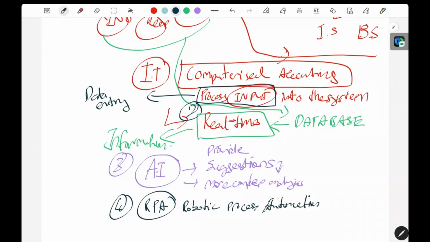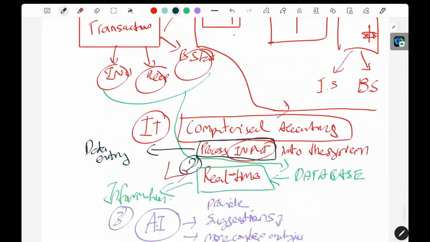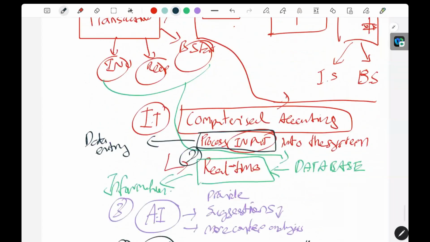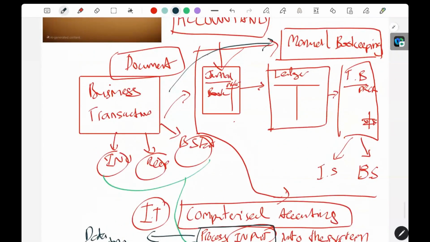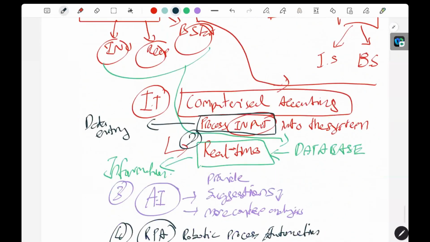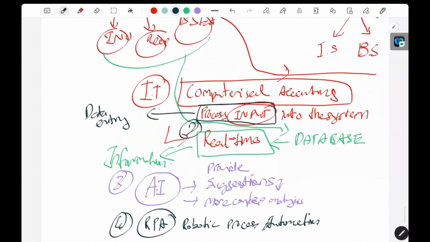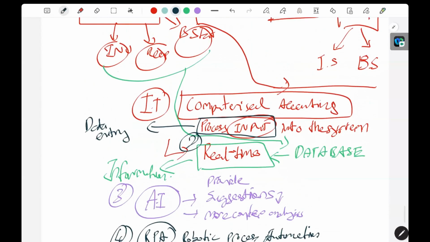This one is, when you go back to one of the example applications when you talk about how manual bookkeeping evolved to computerized accounting, now it evolves further into you can just scan, all right? Just scan this to here, and you don't even have to do the data entry.